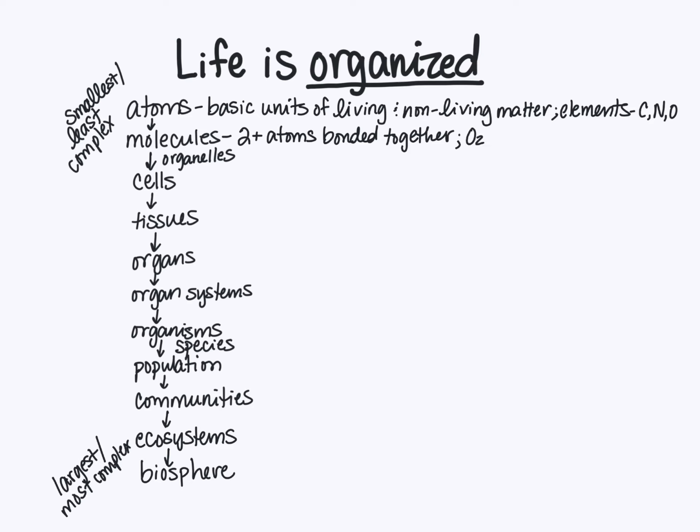So O2 is the molecule, the type of oxygen that's in the air that you breathe. Things like carbon dioxide. Things like the nutrients that you eat, so things like glucose, proteins, etc. Organelles are structures that carry out specific functions for cells.